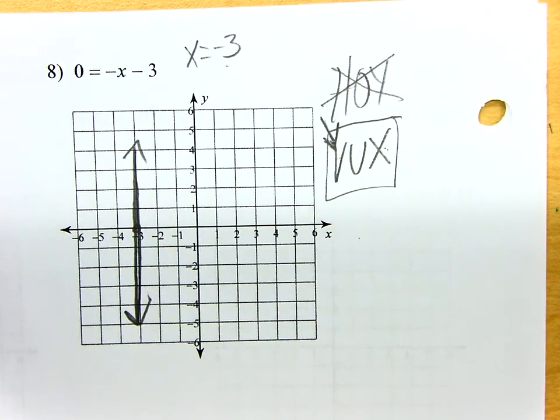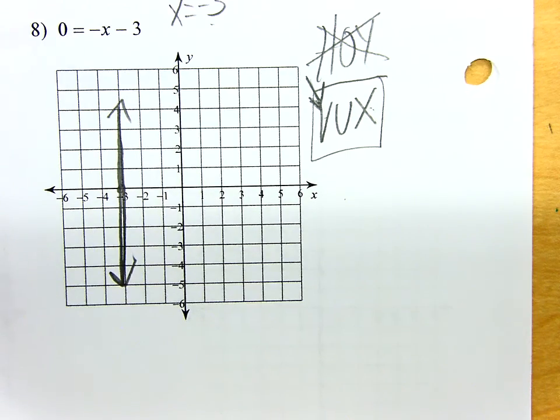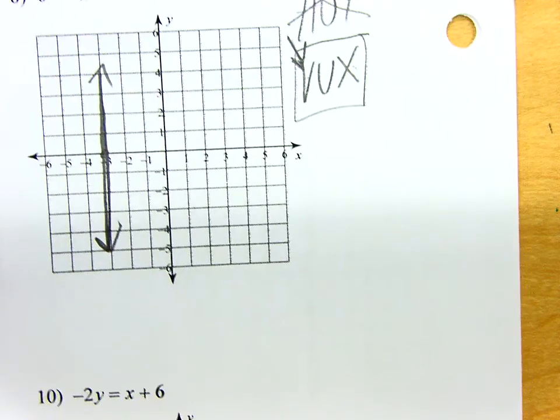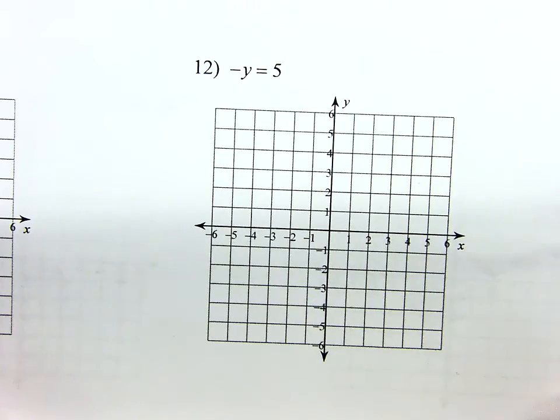There is one more that is horizontal or vertical on this page: 12. Everybody go ahead and graph 12 how you think it should look.